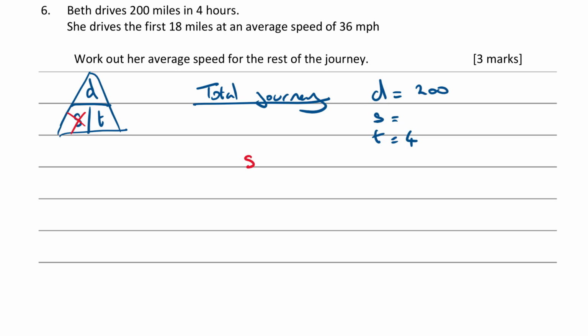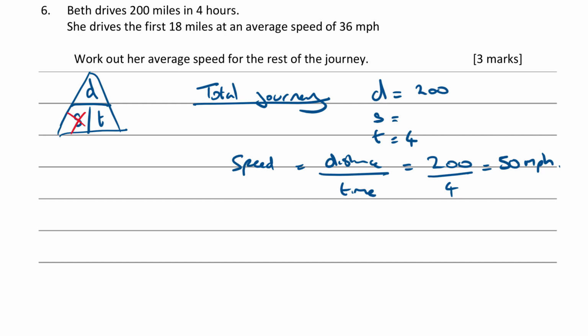So average speed is distance travelled divided by time taken. In this case, it's going to be 200 divided by 4, which is 50, isn't it? 50 miles per hour. Okay, so that's the average speed for the whole journey.